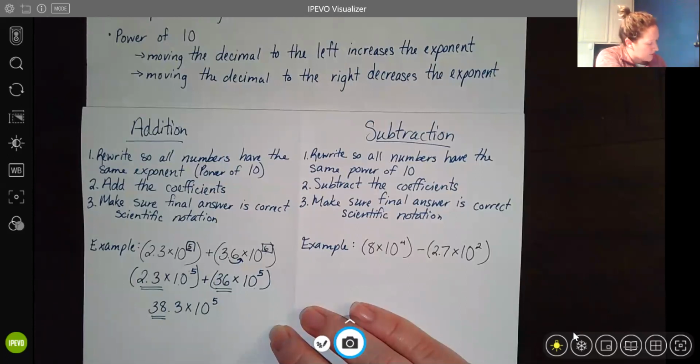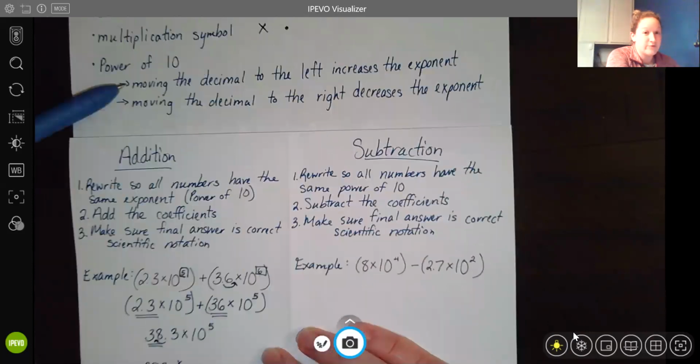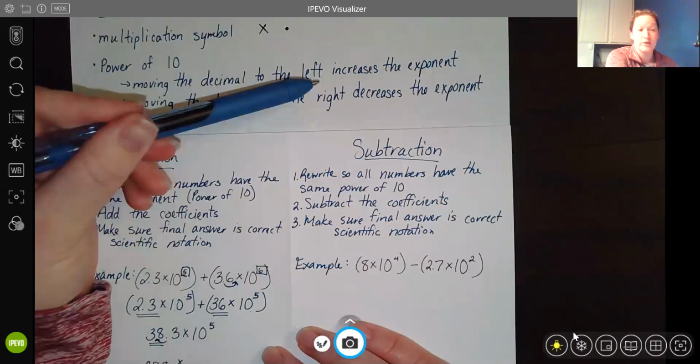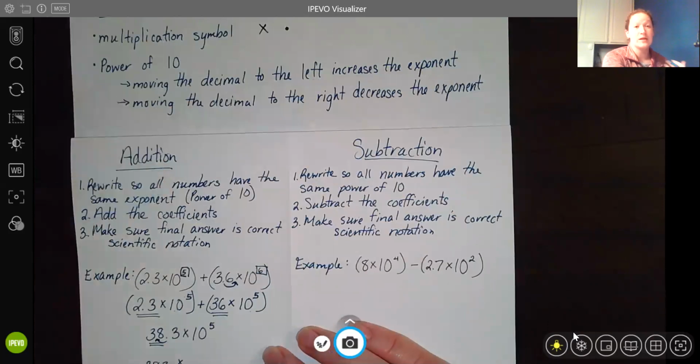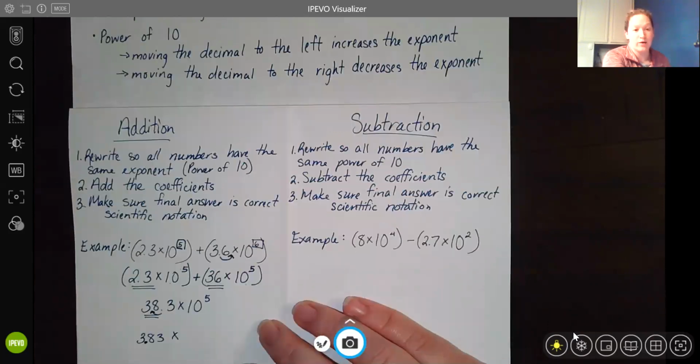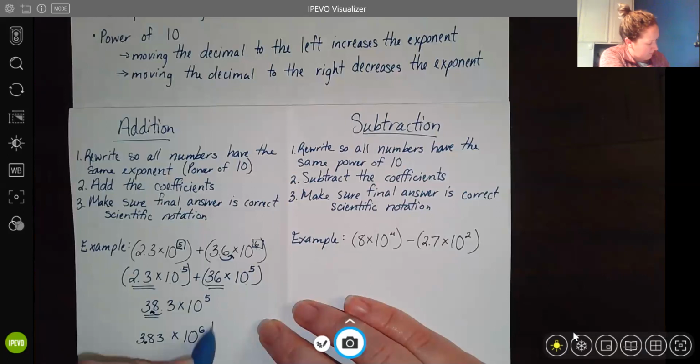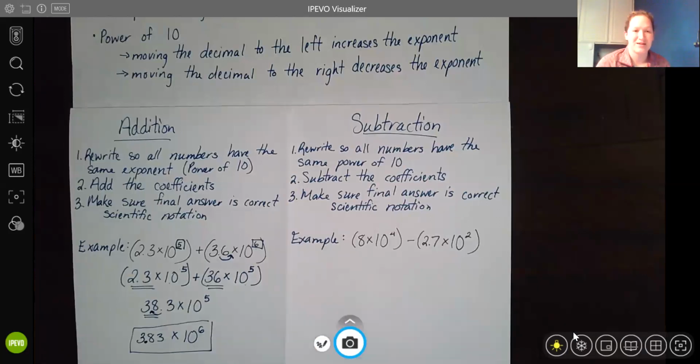We need to move our decimal 1 place to the left, so the 3 is the only thing in front of the decimal. I moved it to the left, which increases my exponent. I moved it once, so I have to increase my exponent by 1. So that 10 to the 5th now becomes 10 to the 6th. Now I have all my pieces, and that would be my final answer in correct scientific notation.